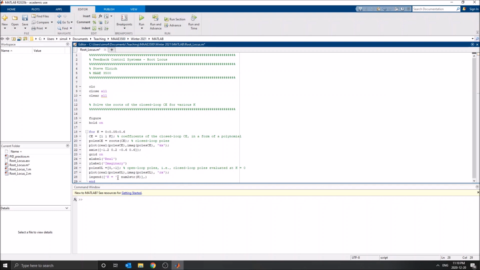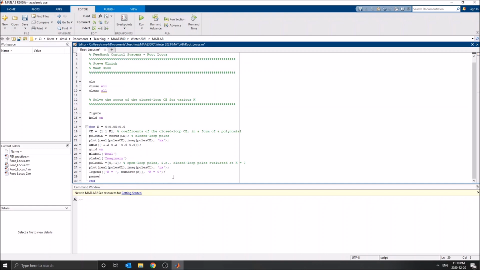And then I'm also going to specify that the other piece of data corresponds to the poles whenever k is equal to 0, and that will be for the open loop poles. All right. And then, to give us some time to visualize what's going on, I'm going to pause for, say, 0.5 seconds between each iteration.